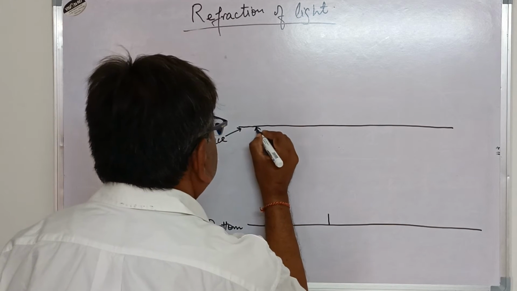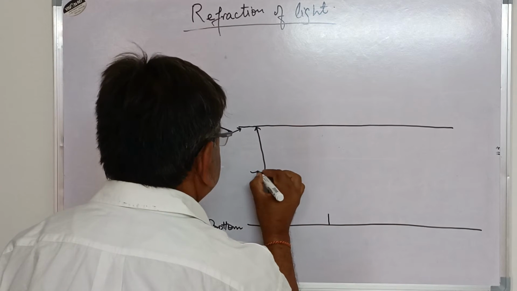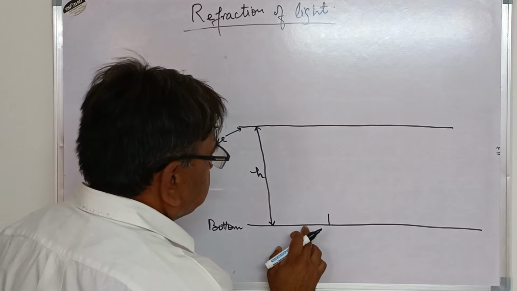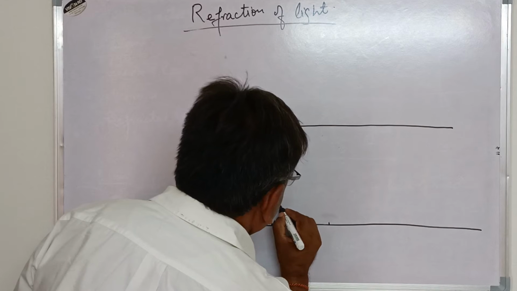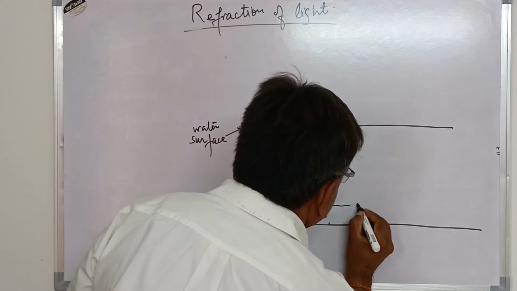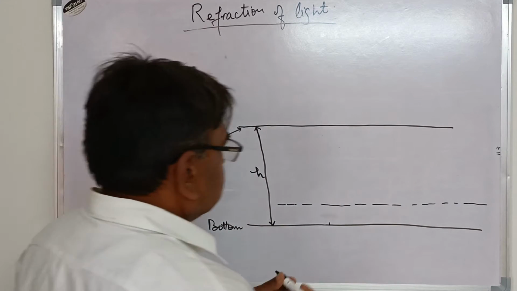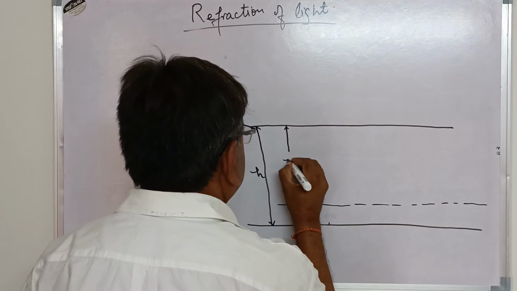This is the actual depth, let it be H. Then this bottom will appear somewhere here, which means this is H dash.